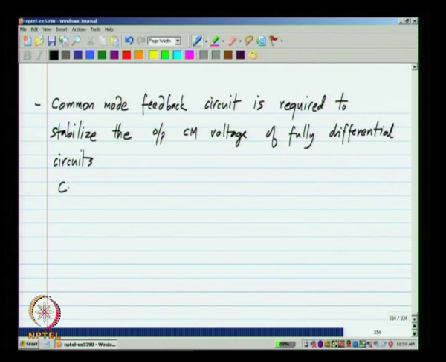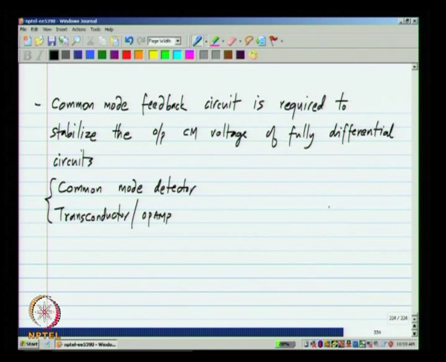Okay. Common mode feedback circuit consists of a common mode detector plus some transconductor or op amp to complete the feedback. Okay. Sometimes this transconductor to compare the detected common mode to the desired common mode is not explicit, but it is implicit within some part of the circuit. Okay.